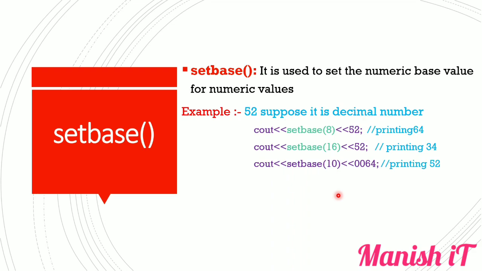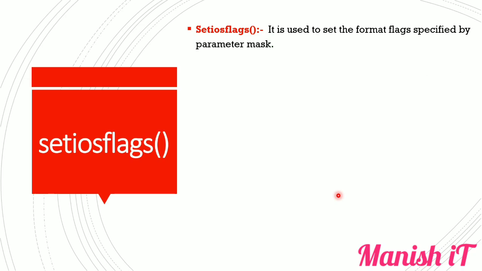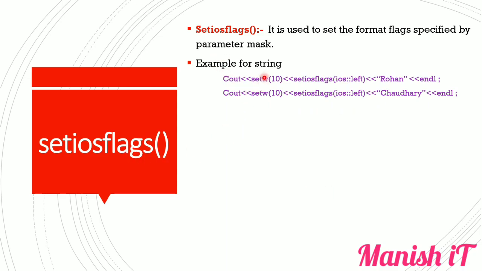So next we see the setiosflags function, how it works. First we have to see its definition. It is used to set the format flags specified by the parameter masks. Suppose, as an example, I have taken a string: cout setw 10, insertion operator, setiosflags, and inside that we have to write ios colon colon left.